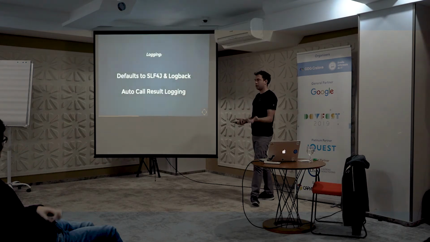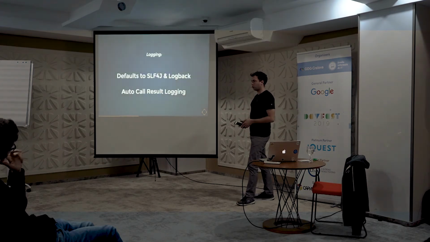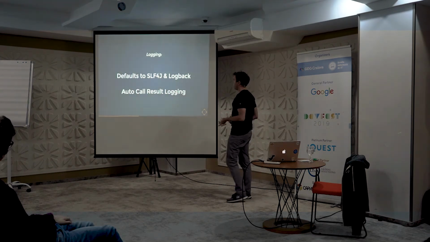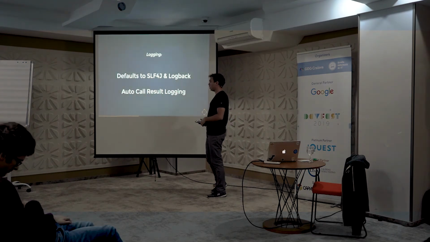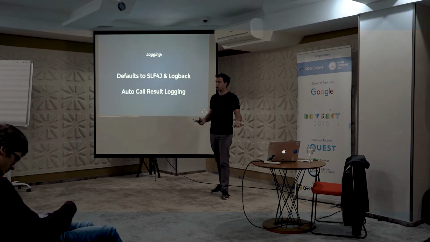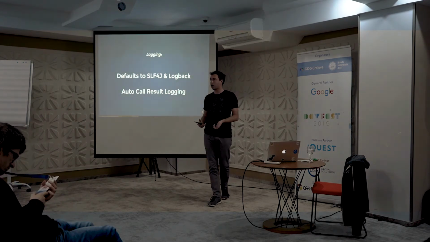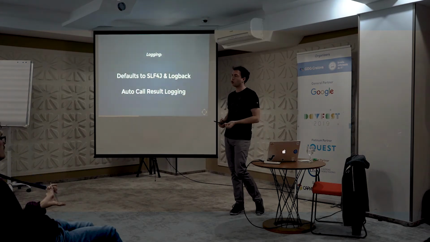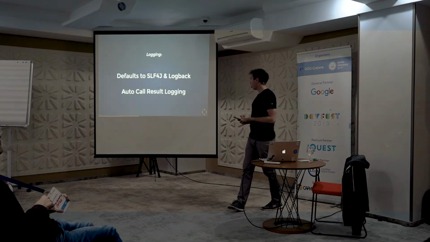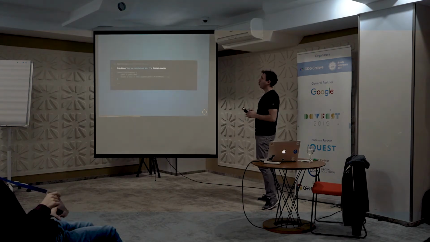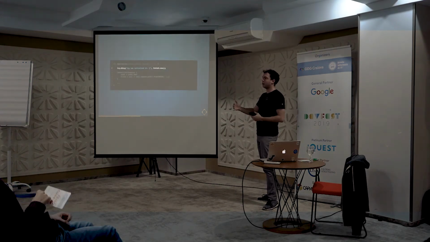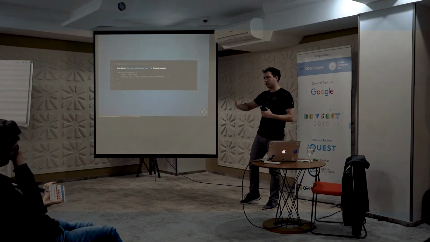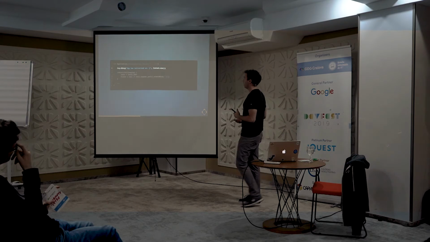First thing, as any developer, you know that logging is one of the most important bits. So by default, they actually set up SLF4J, which is the most popular framework for logging in Java. That's already pre-set up. And they also have a very nice feature called automatic call logging. Basically, every time a request comes to your server, it goes to the logs, so you can easily walk through the app and see what happened and when.